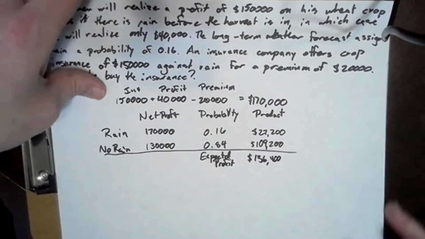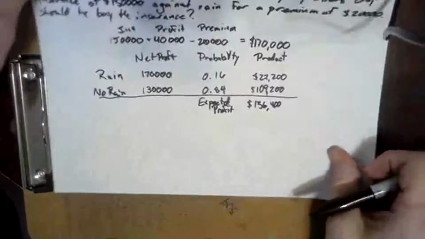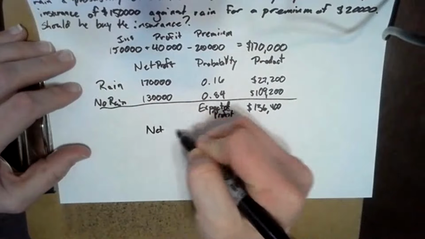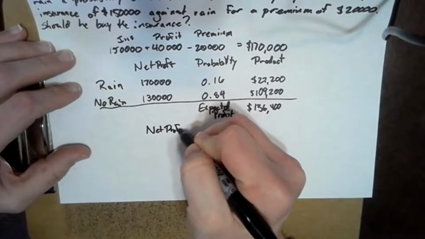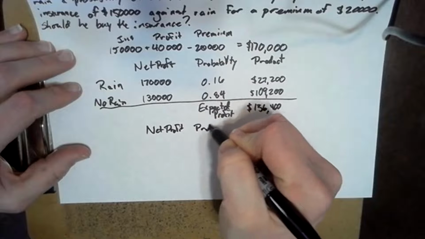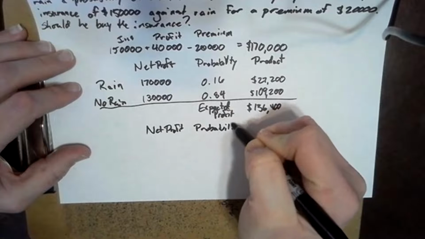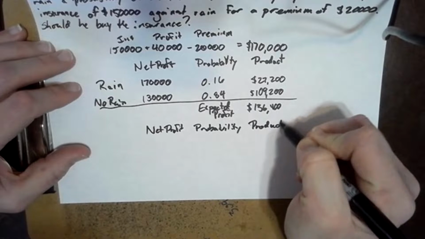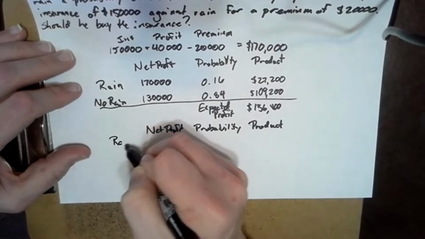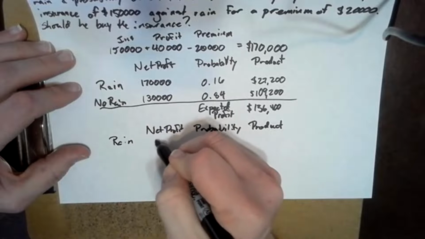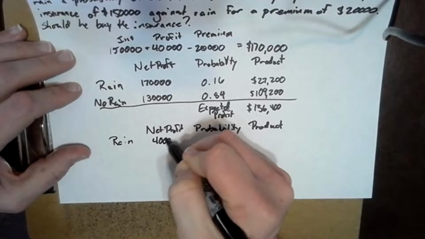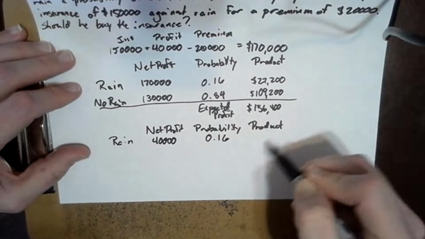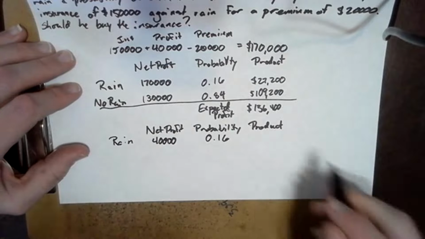However, if he doesn't buy the insurance, we do the same calculations. For rain, he's only getting $40,000. Still a probability of 0.16, and the product there is going to be 6,400.